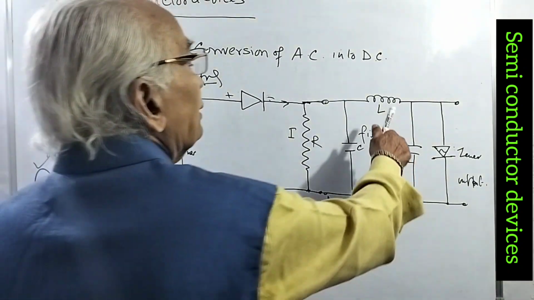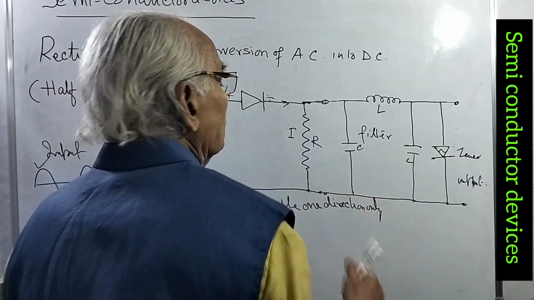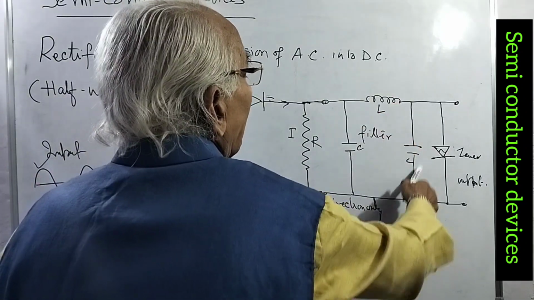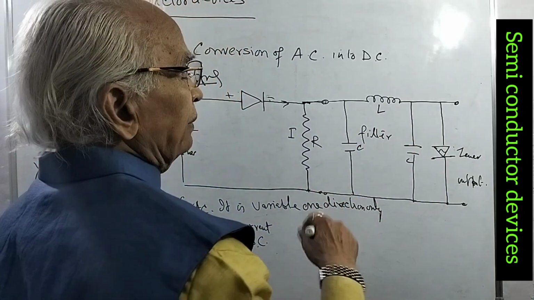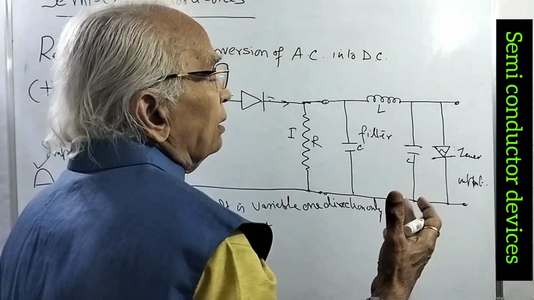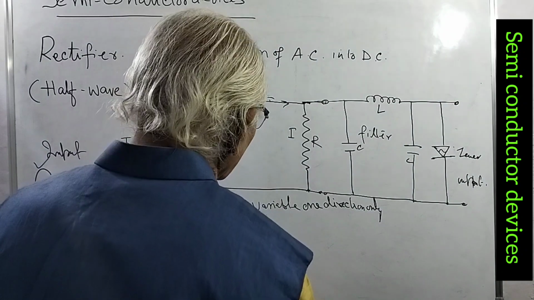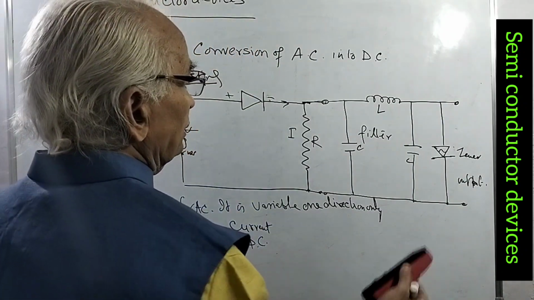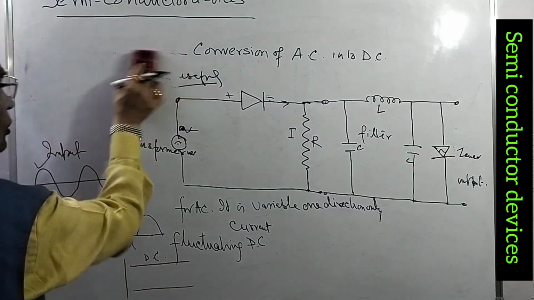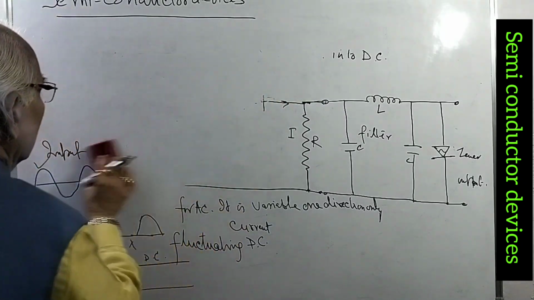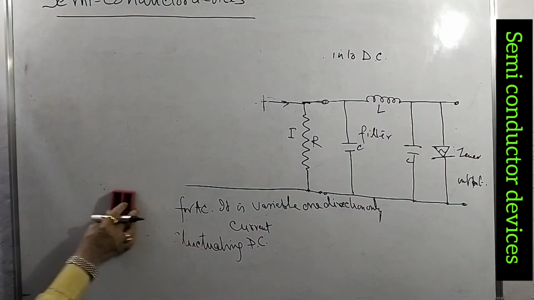That way the inductance and capacitance give a somewhat constant voltage, and the fluctuating voltage becomes almost constant. When we connect the zener diode, the zener gives the constant voltage, whether 6 volts or 12 volts. But remember, the half-wave rectifier is not a very useful device because it works only for half the cycle.